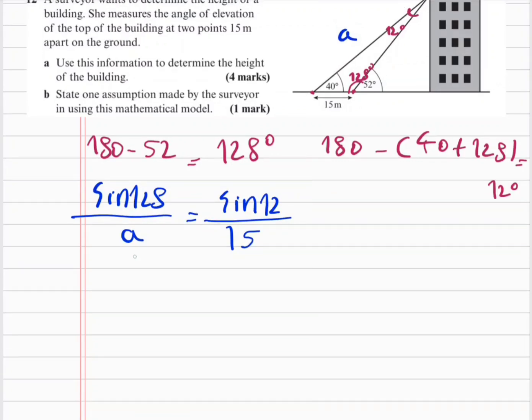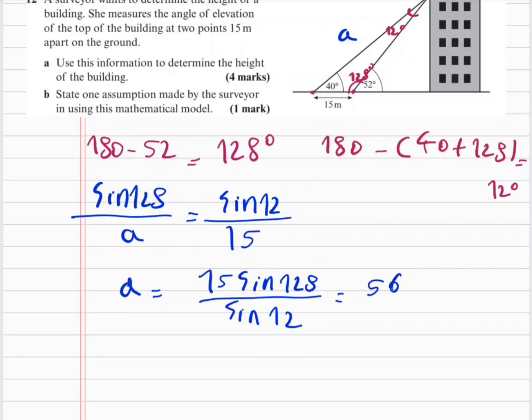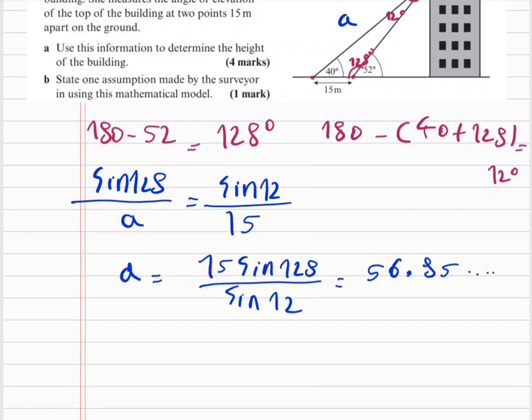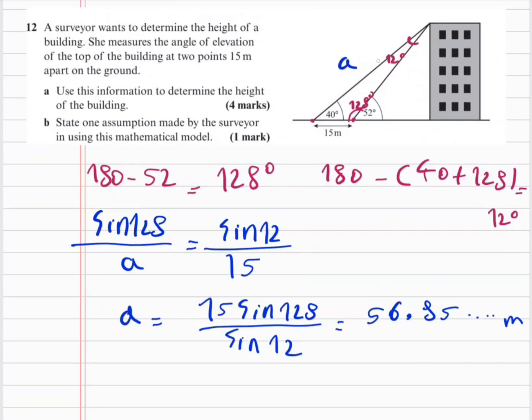Now we just need to rearrange, and we get 50 sine 128 over sine 12, and when we work it out, we get 56.85. I'm going to use the exact value for the next part. So that's basically this hypotenuse.